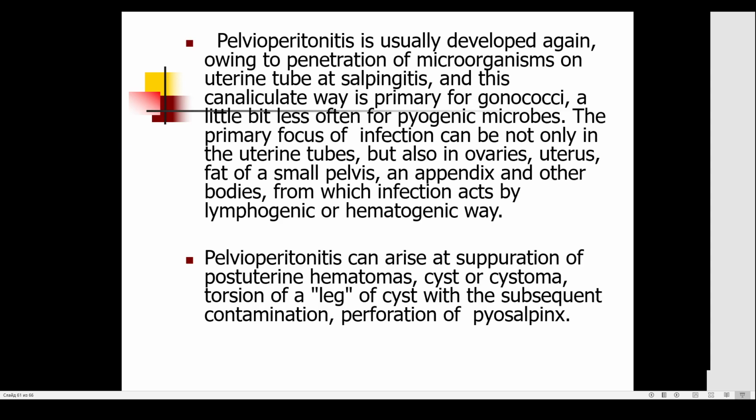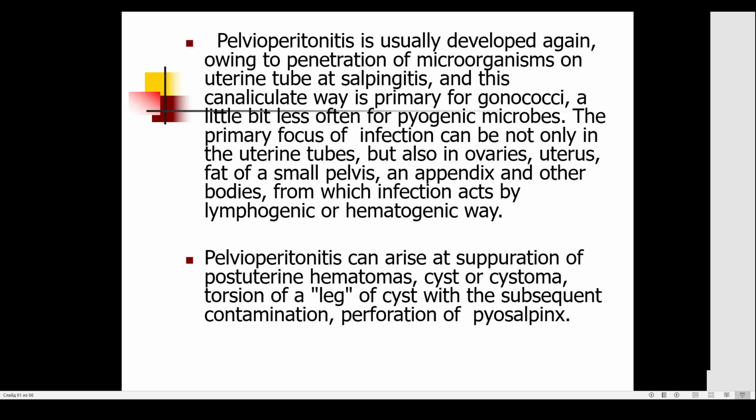Pelvic peritonitis is usually developed owing to penetration of microorganisms on uterine tube and at inflammation of fallopian tube, and this canaliculate way is primary for gonococci and a little bit less often of pyogenic microbes.